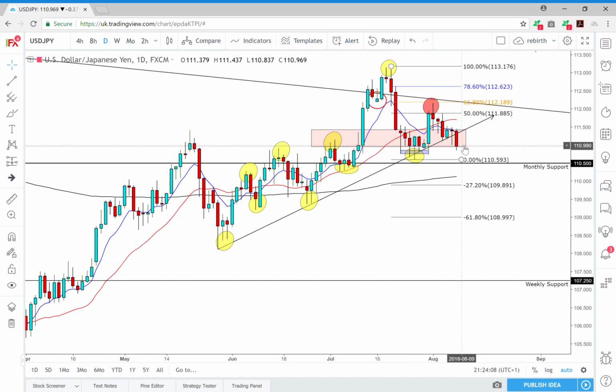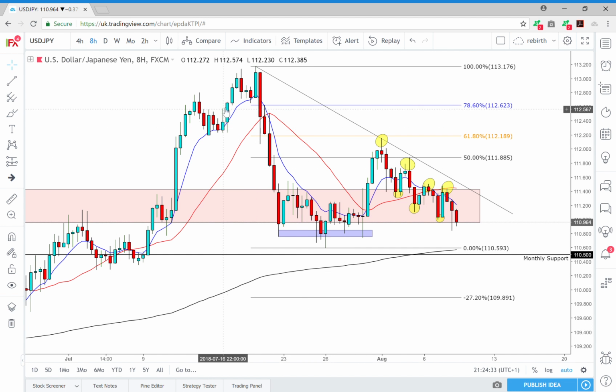So if this is the case and this fib plays out, we'll be expecting a break of this low down at monthly support, before extending to retest the 200 EMA in line with the 110 level.